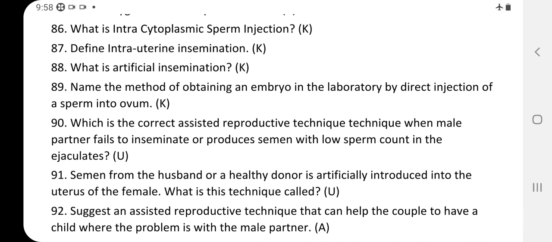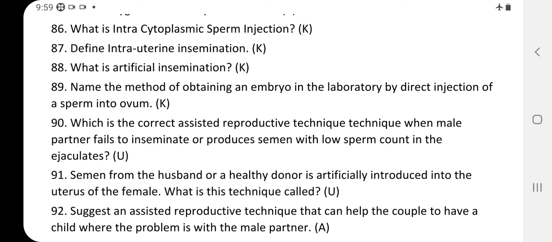88th question. What is artificial insemination? Artificial insemination is used in infertility cases where the male is not able to produce the proper amount of semen.